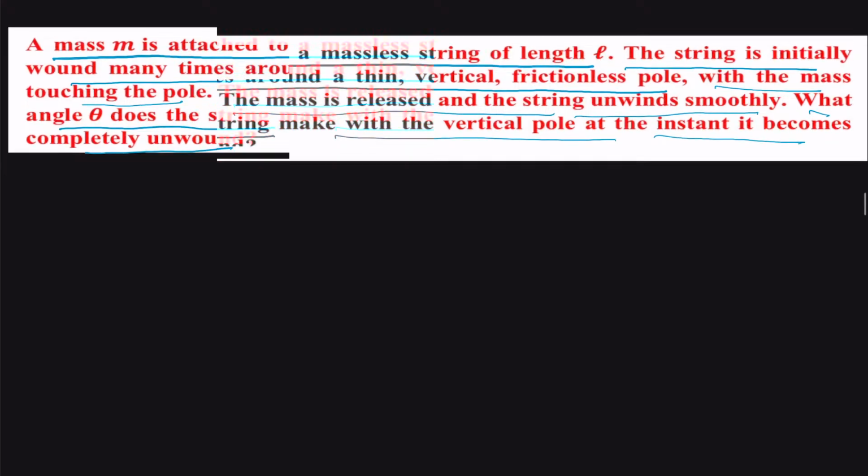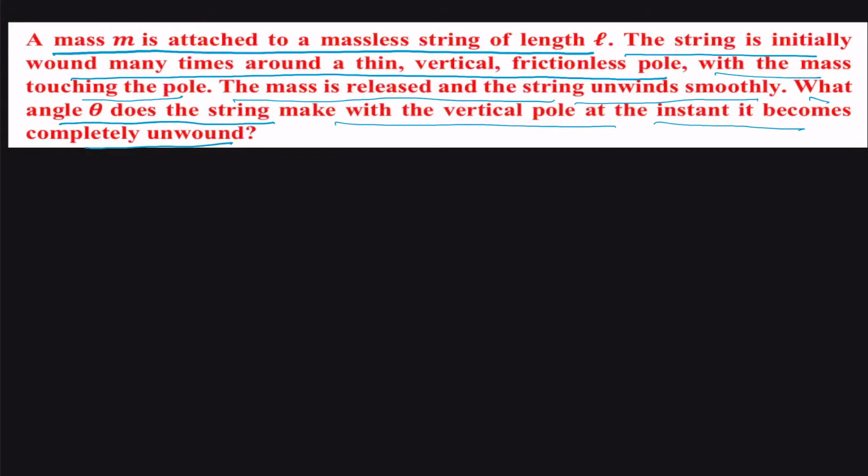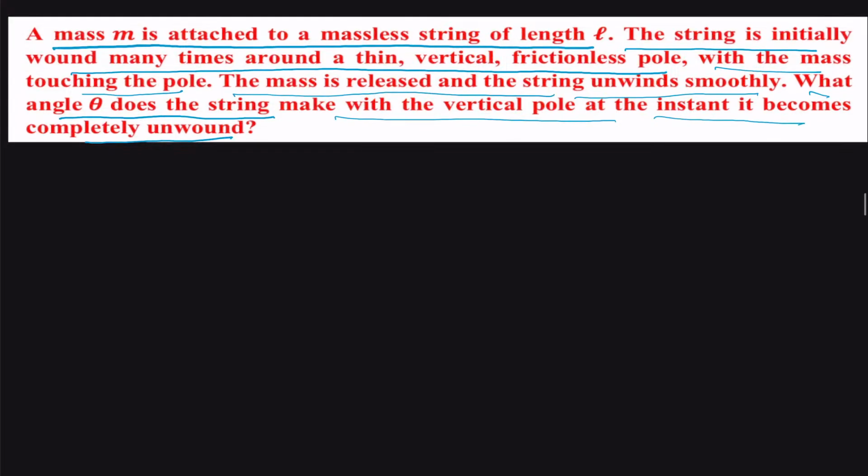So this question, you can say the final shape. If you draw the diagram, let me draw the initial one. Initially we have a pole and the string is wound around it.